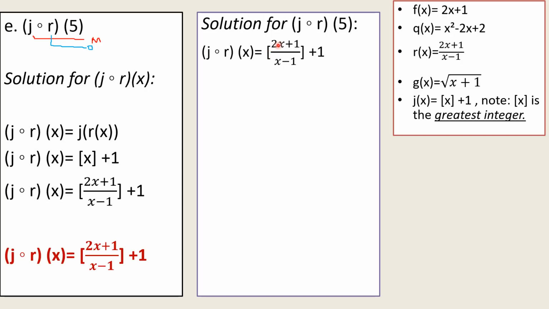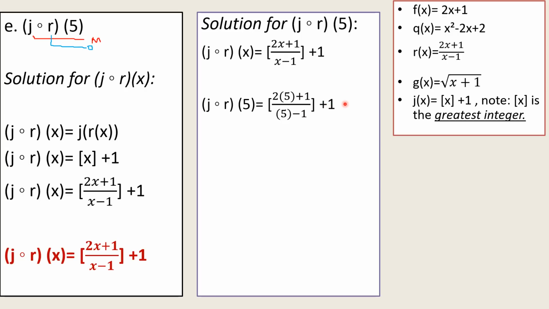Tapos, of course, dito sa pinaka-final expression natin ng composition, lahat ng x, papalitan natin ng 5 kasi evaluation na tayo. So, it will become what? J of R of x, which is 5, equals 2 times x, which is 5, plus 1, all over x is 5 minus 1. Then, plus 1.